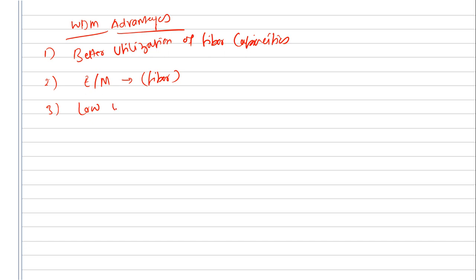It has a very low unit cost of bandwidth. When we are using fiber, it can allow many terabits of capacity. But in case of copper, we have restricted bandwidth that can be used for multiplexing and demultiplexing, and so here we can use high capacity.